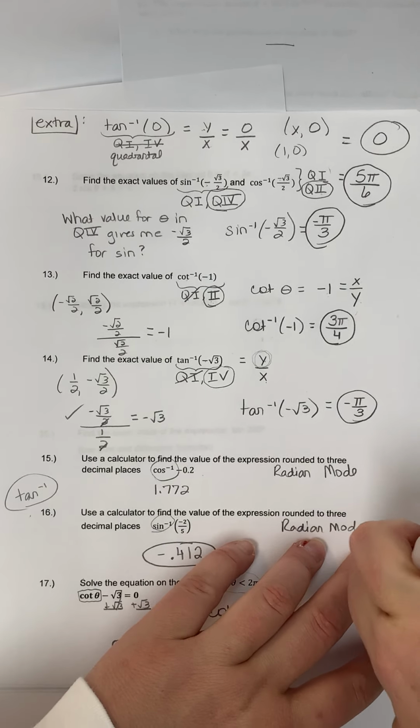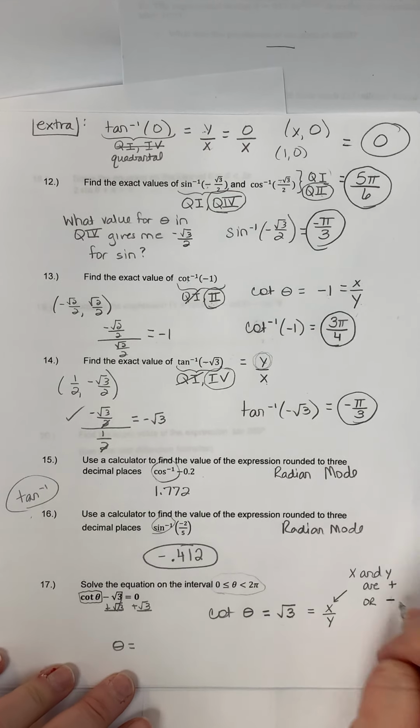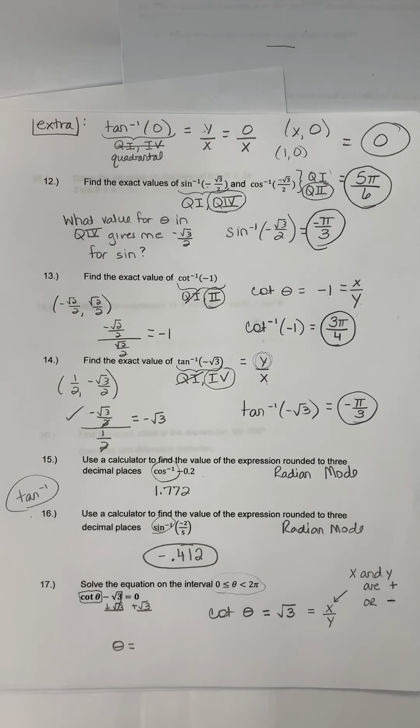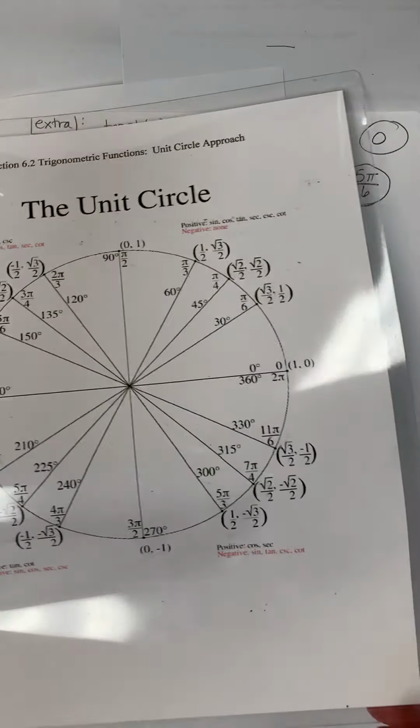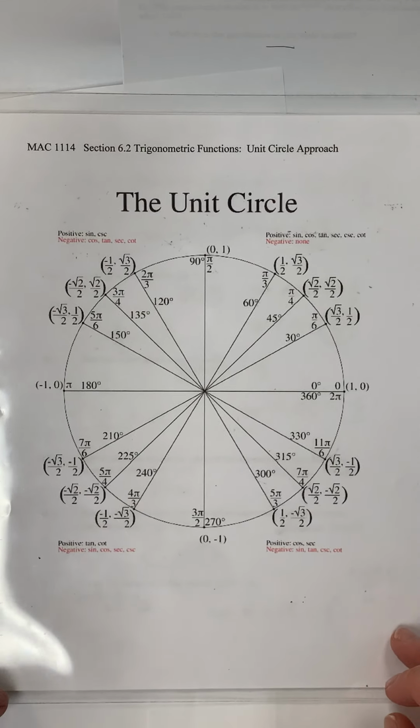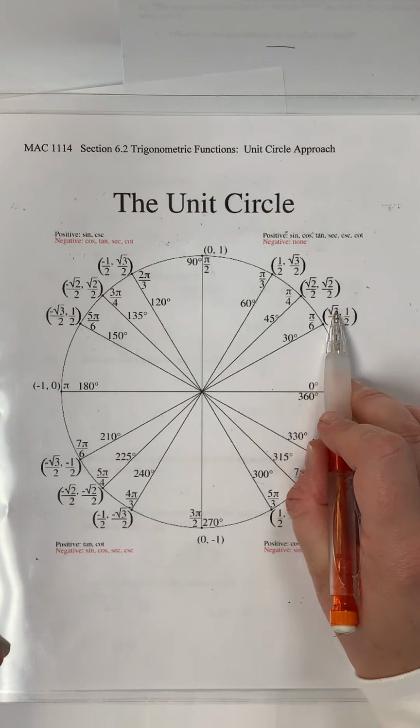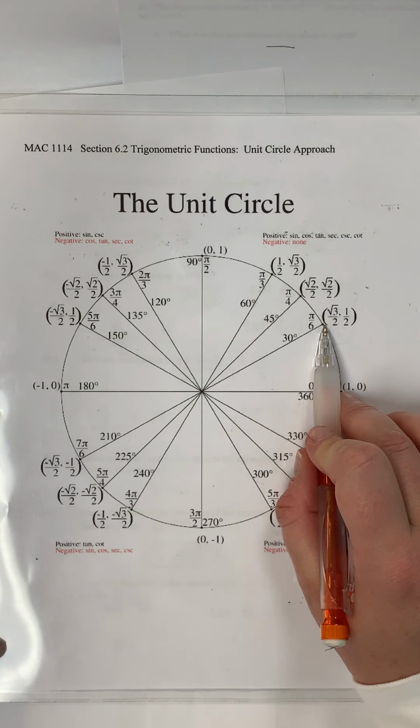But you're not going to have a mix, okay? So we want x and y to both be positive or x and y to both be negative, and we want a √3 as part of my x coordinate. Okay, that's a tall order here. All right, √3 is part of the x coordinate.